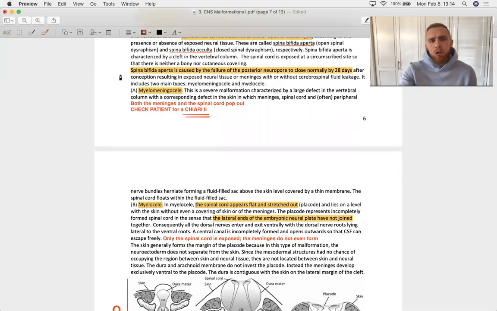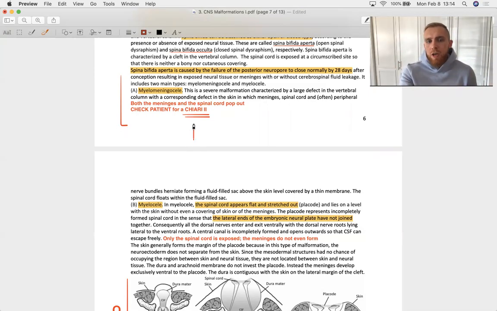The only way I could picture them asking a higher order question is if they give you a case of a myelomeningocele and then they say, what else does this patient probably have? And the answer to that question is a Chiari 2 malformation. Understand Chiari 1 and 2 malformations are cerebellar herniation syndromes. In a Chiari 1 malformation, one structure is herniated downwards through the foramen magnum. In a Chiari 2 malformation, two structures, the tonsils and the vermis of the cerebellum, have herniated downwards through the foramen magnum.